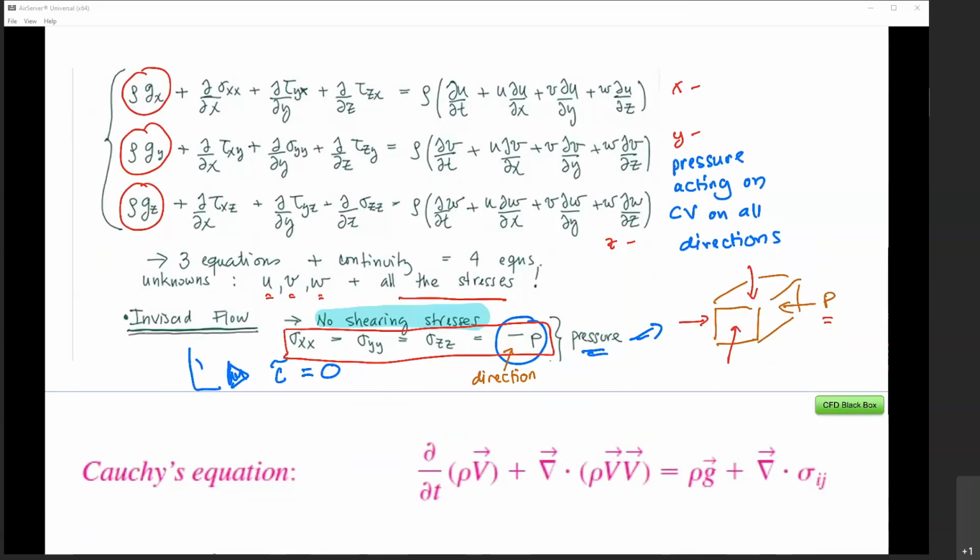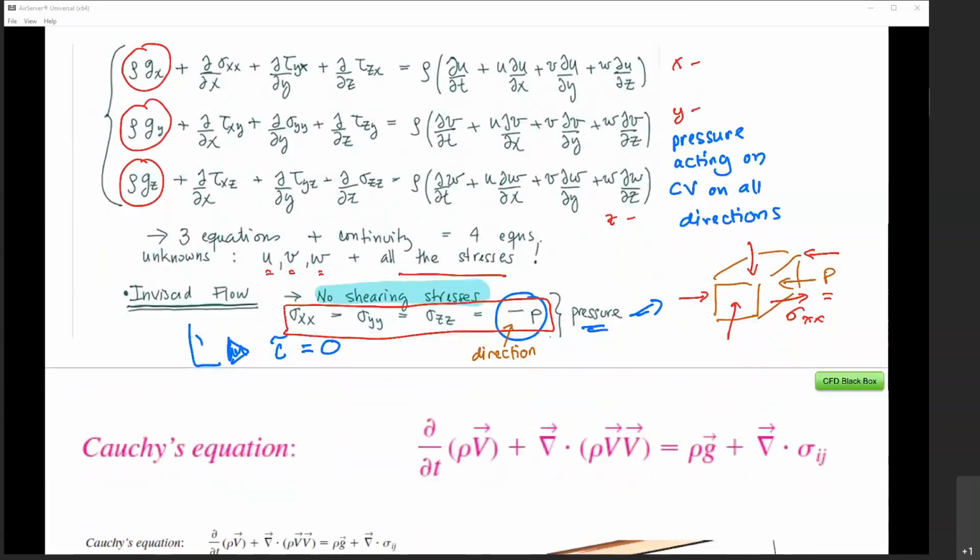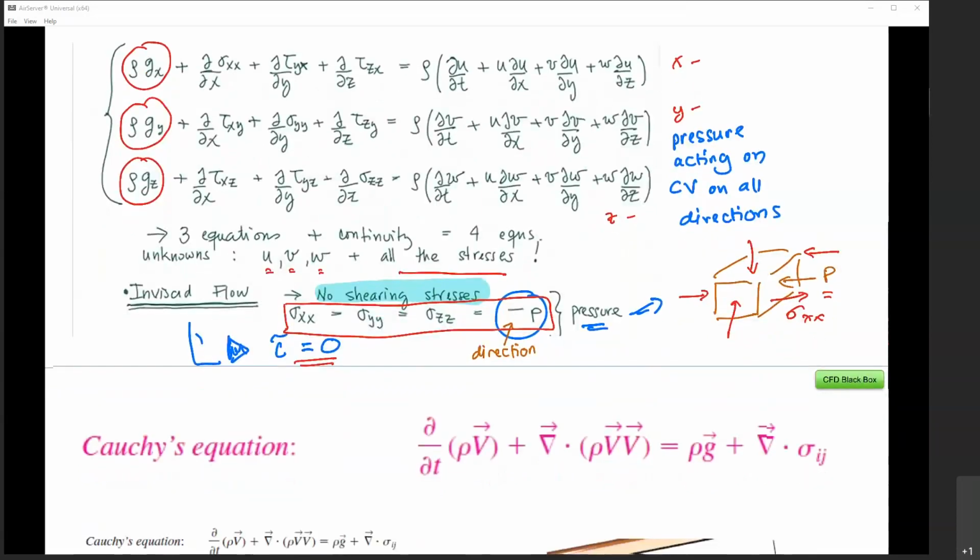But now, when there is no shear stress, because the viscosity is assumed to be zero, we are only left with sigma xx, which is equal to sigma yy equals sigma zz equals negative p, because the pressure will always be acting in the opposite direction, acting on the fluid. So this happens when we assume inviscid flow.